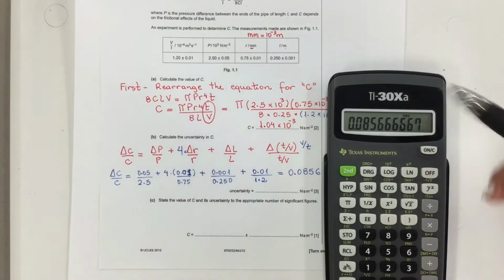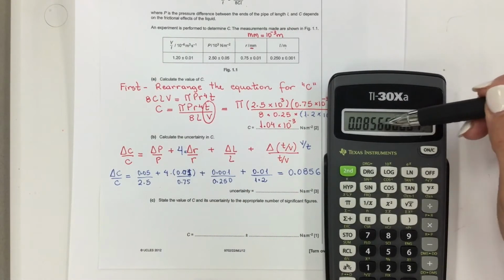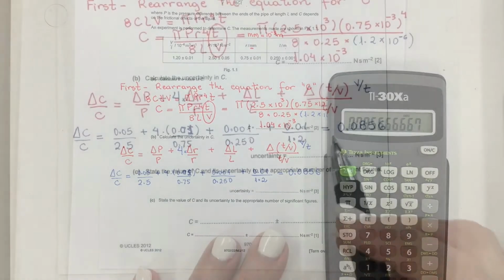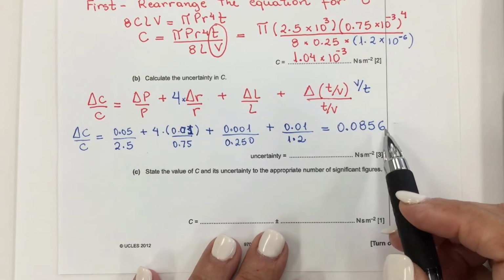So here, this is what I got, 0.0856. Great, so this is my value, no units.